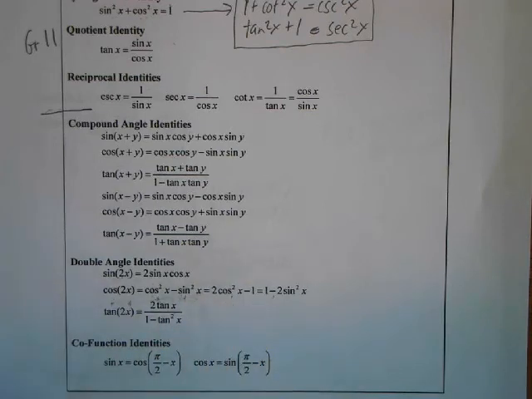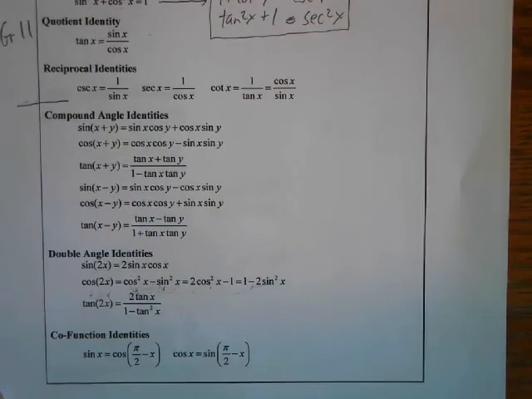Sometimes you can look at the other side and say, oh, this one would be great because it's going to get me closer to my goal. Other times you might plug something in and it makes it worse, and then you go back and use one of the other 2 that you didn't try. So that's a little frustrating when you get one of the cos double angle conversions because there's 3 options.